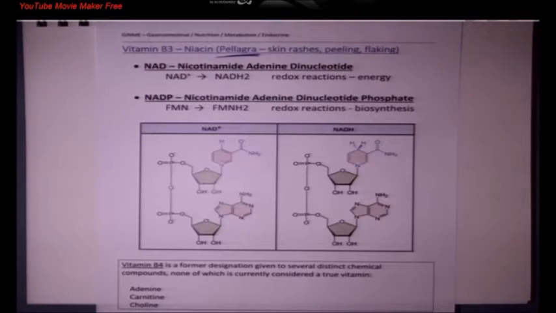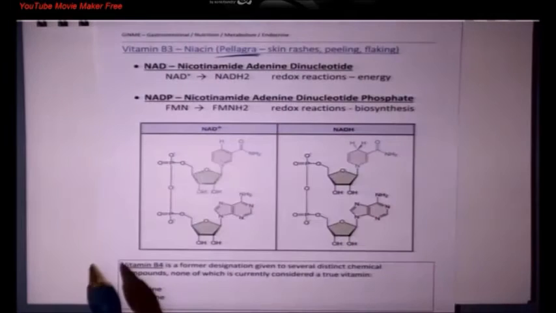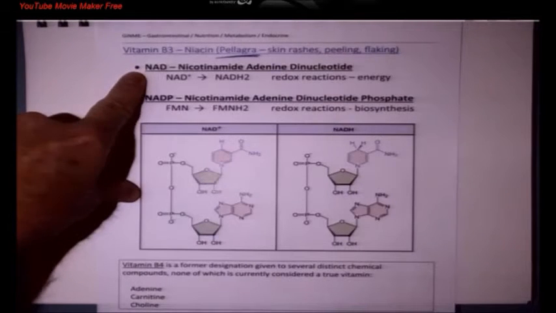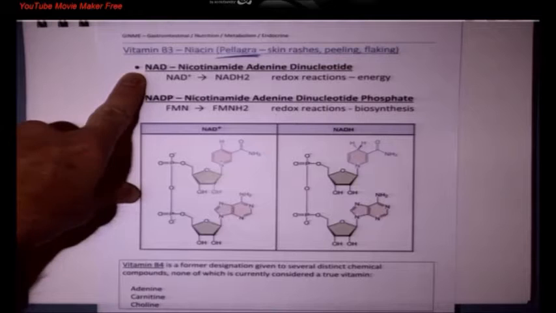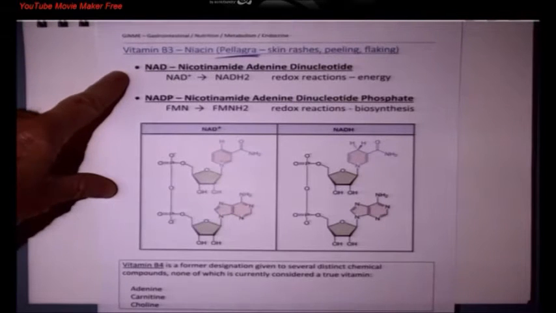But if I have a question about a niacin deficiency, I'll mention it's part of that disease, pellagra. Skin rashes, peeling, flaking, lots of skin problems. So deficiency in niacin is going to be a deficiency in nicotinamide generation.